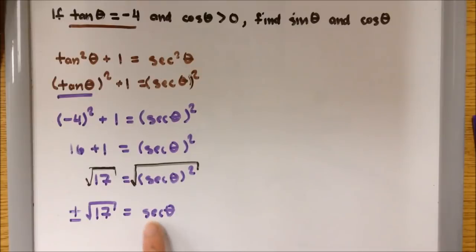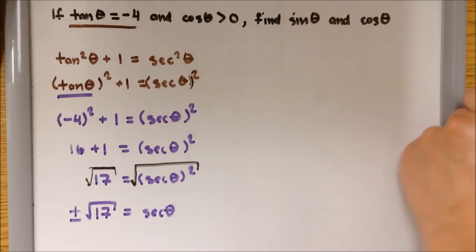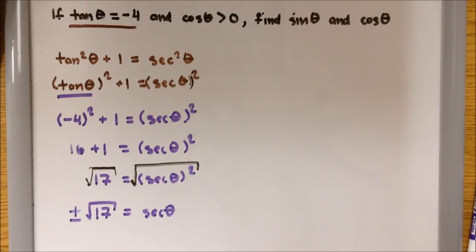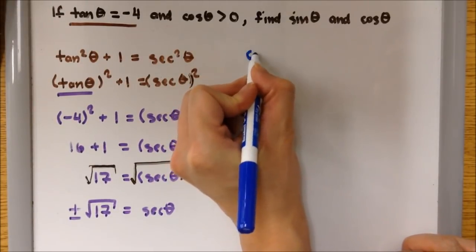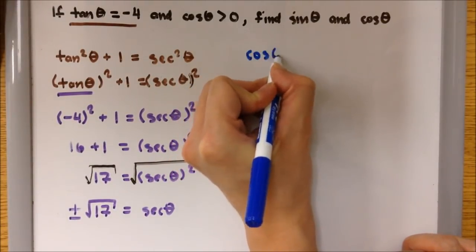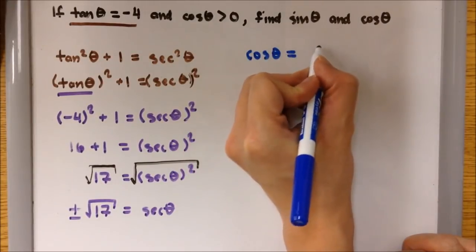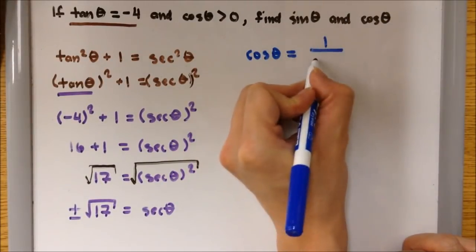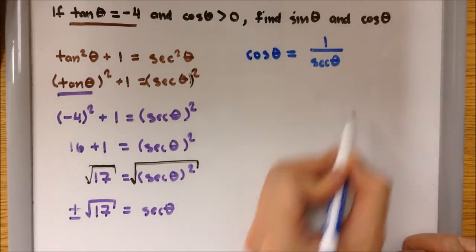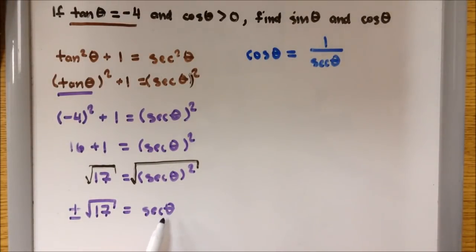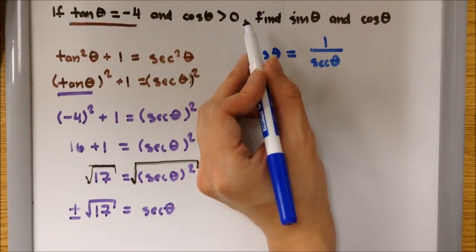So we know that the reciprocal identity for secant is 1 over cosine. So cosine theta is equal to 1 over secant theta, since we have the value of secant theta and we're looking for the value of cosine.